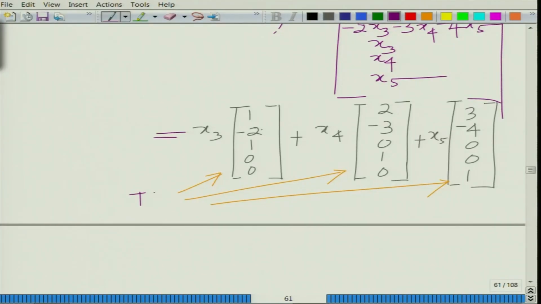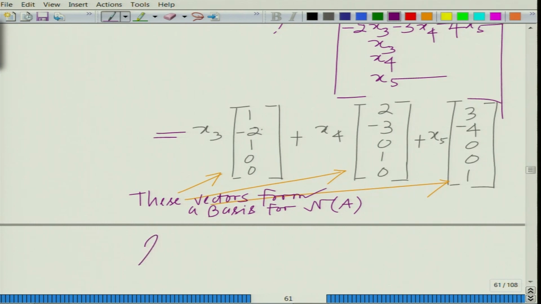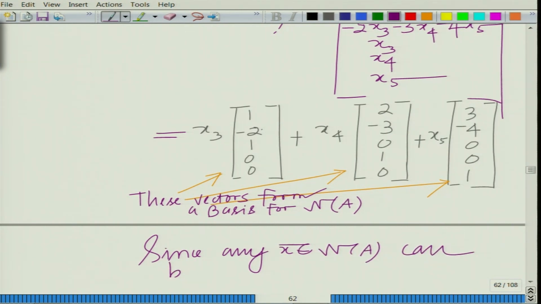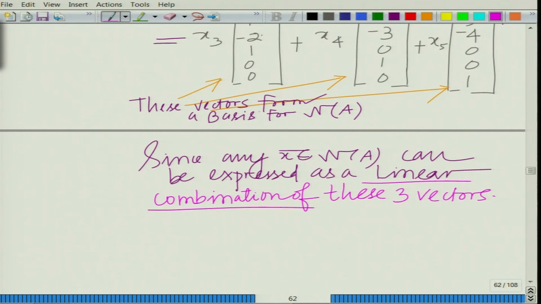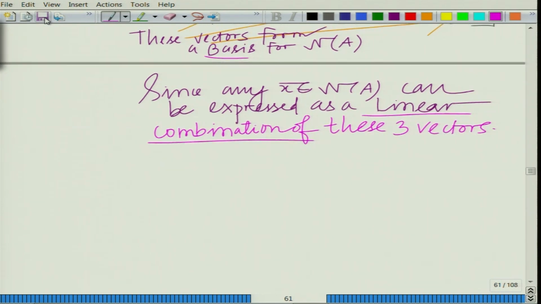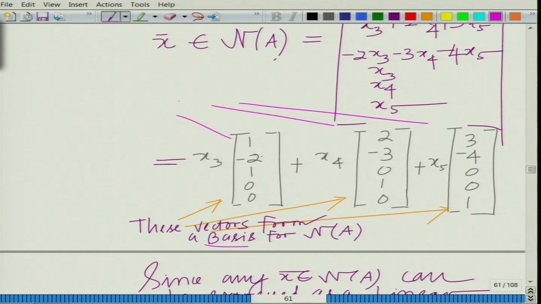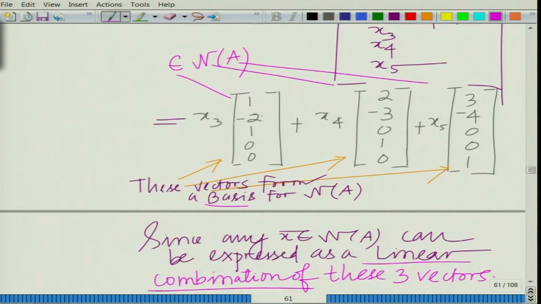Since any x bar belonging to the null space can be expressed as a linear combination of these 3 vectors, these form a basis, and being a basis they themselves also belong to the null space of A. You can quickly check that.